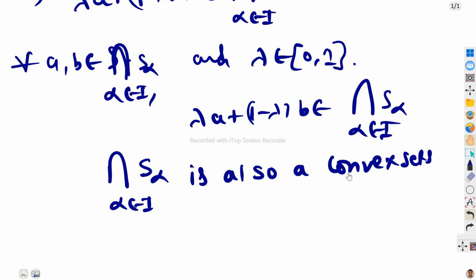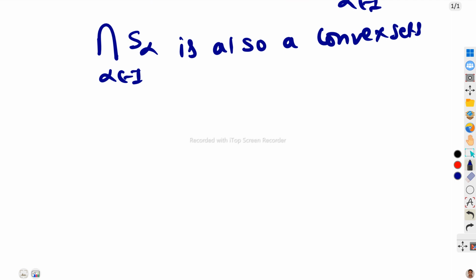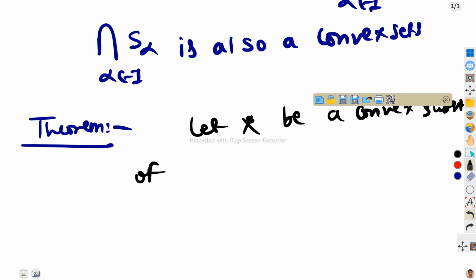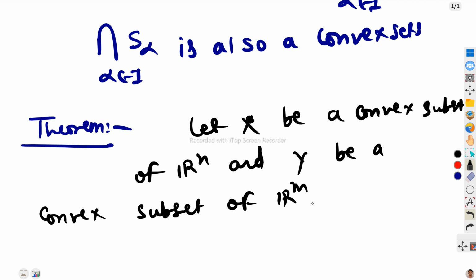Again, we have a theorem. Let X be a convex subset of Rn, and Y be a convex subset of Rm, where n and m are positive integers.